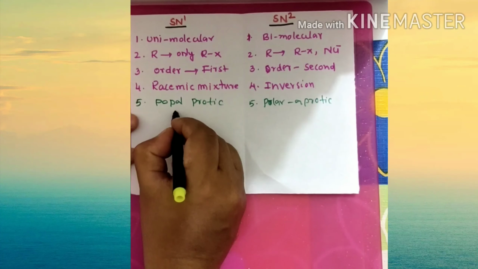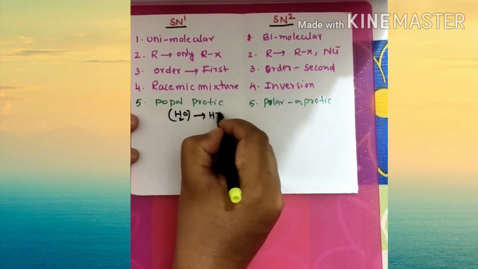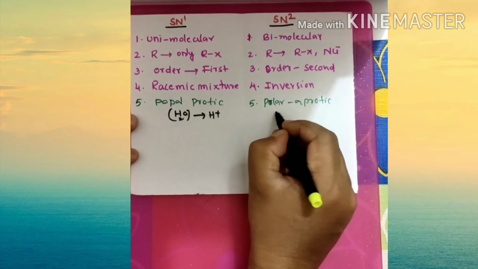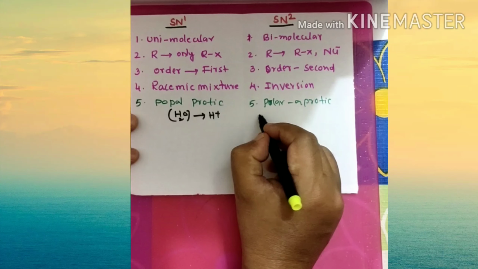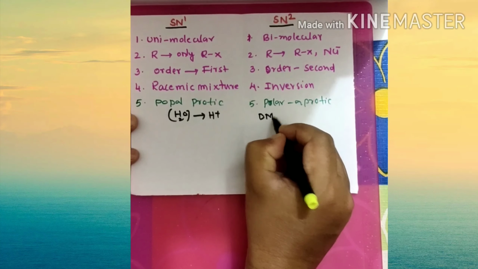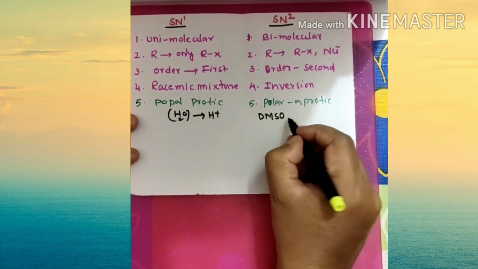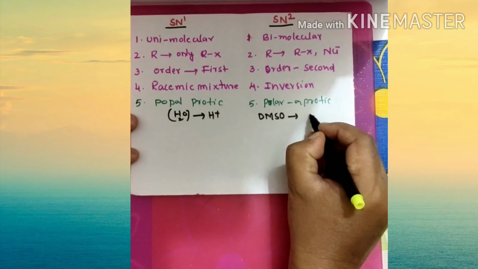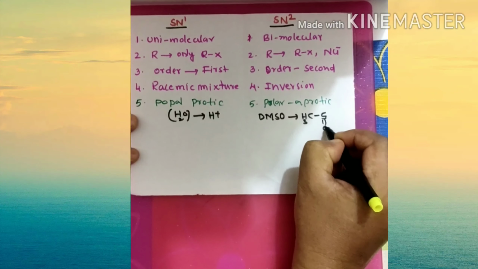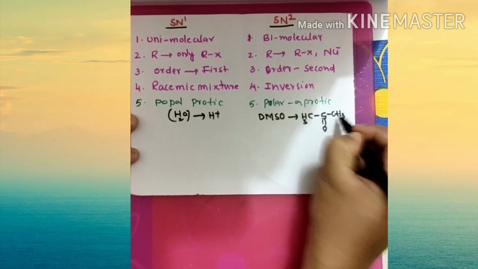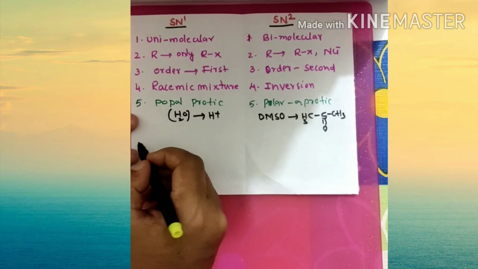Polar protic, like water, can donate H+, and polar aprotic, for example acetone, or you can take DMSO, dimethyl sulfoxide, that is CH3 S double bond O CH3. It can't donate H+.